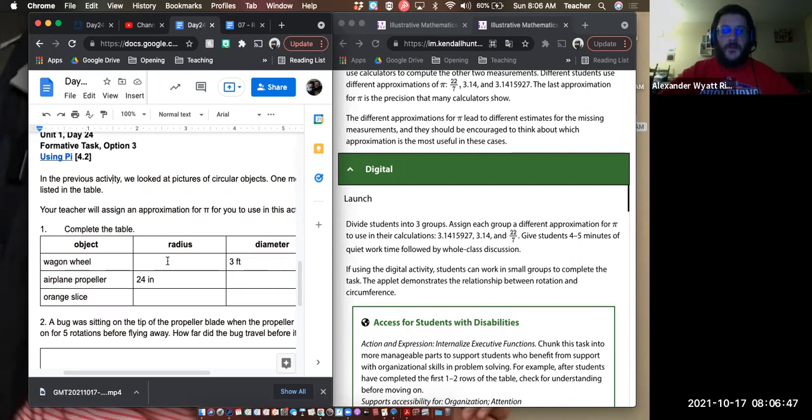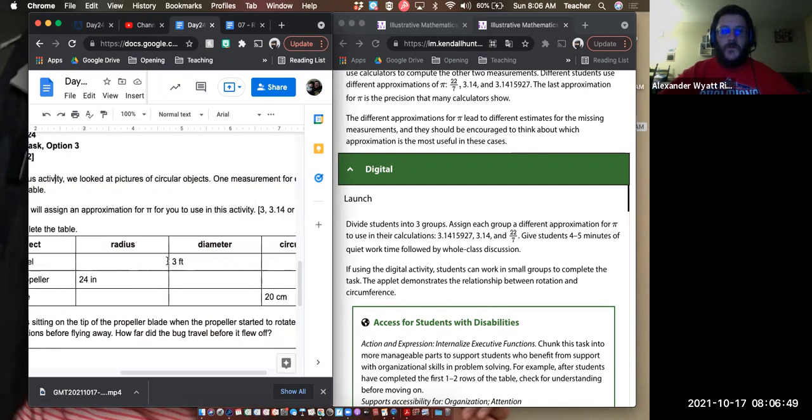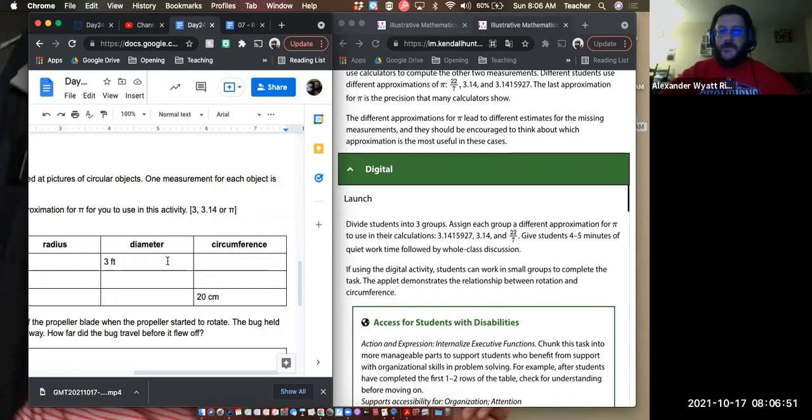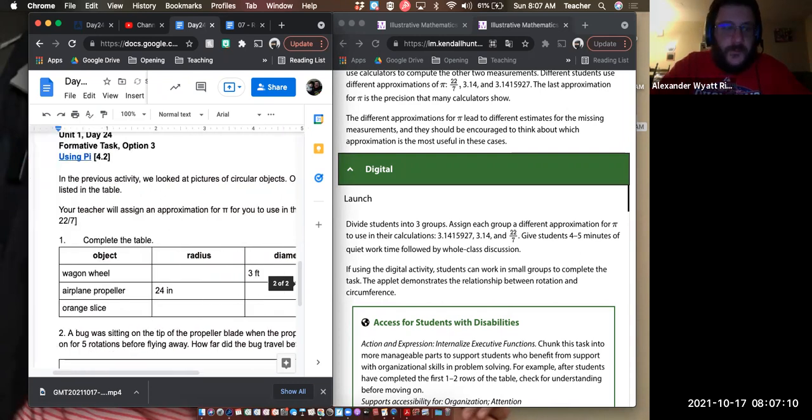And you would then use those approximations. I can even add, what is it, Alt P? Yep. I can add 3.1415927. I can even do 22/7.